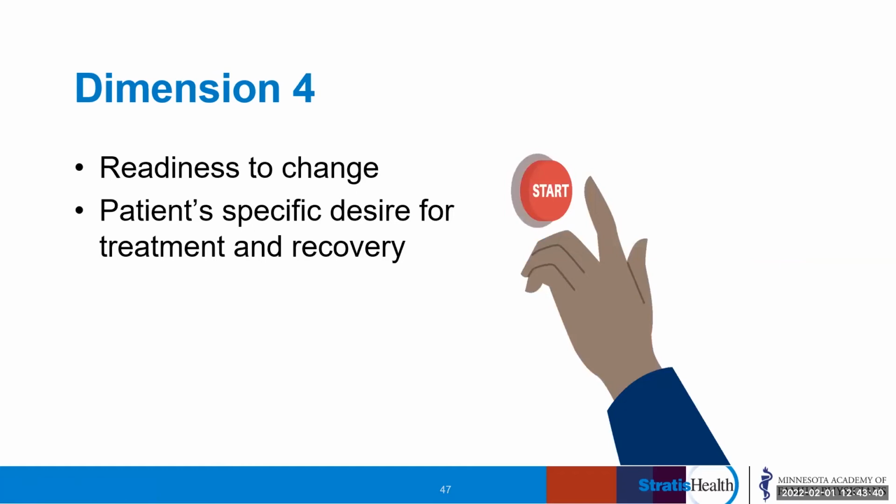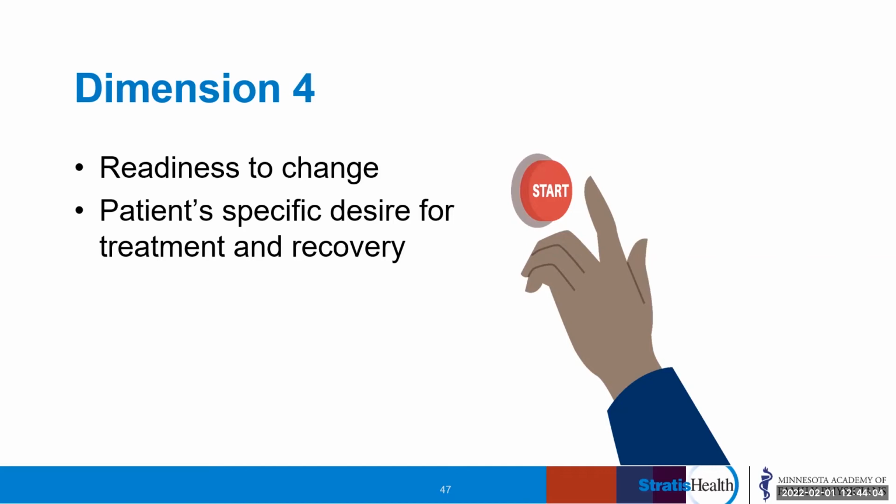Dimension number 4, readiness to change. This is always very interesting to me. This is patients who come willingly into your program, patients who call you and want help. This is never a hard one to score on. Patients who get arrested and get forced into the Rule 25 are obviously not always as willing and ready to change. And so this can really be a big difference.